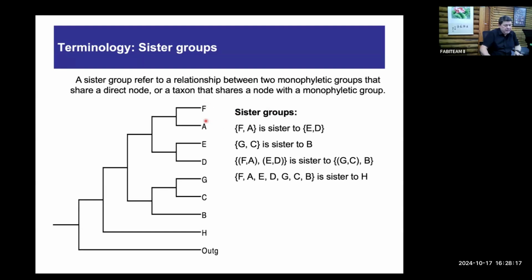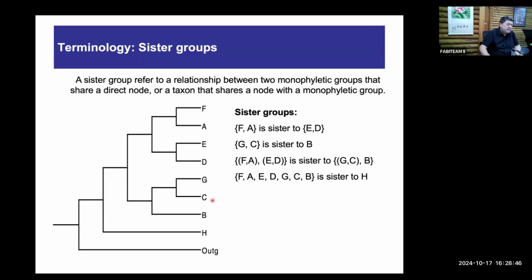You can say that F and A is a group, and this group is closely related to E and D, which is a group. Say F and A is a monophyletic group, and E and D is a monophyletic group, and they are closely related to each other. Or you can simply say they are sister to each other.